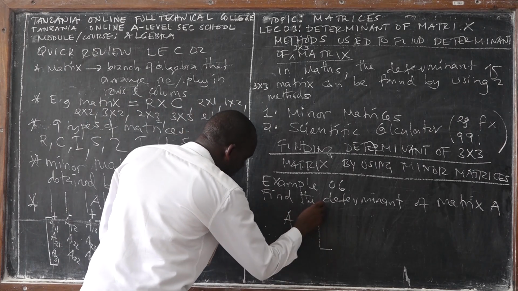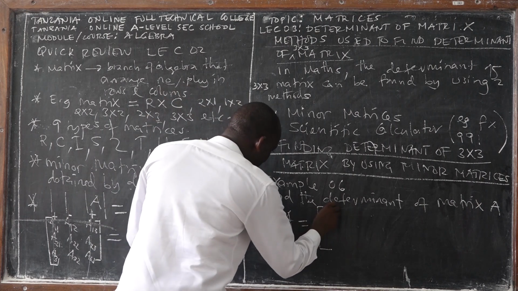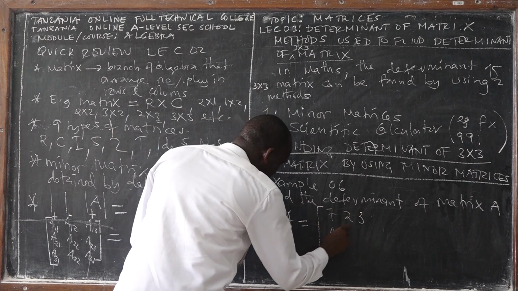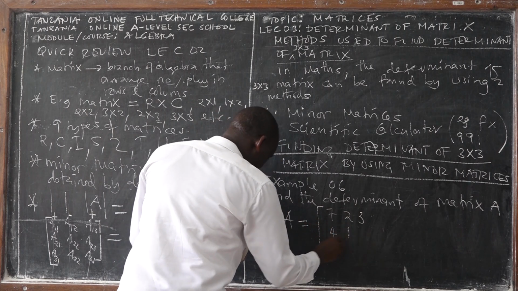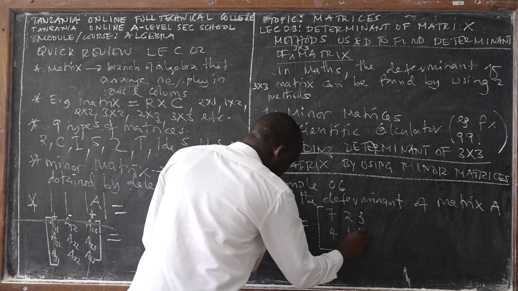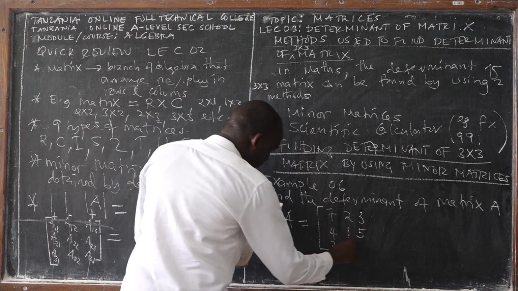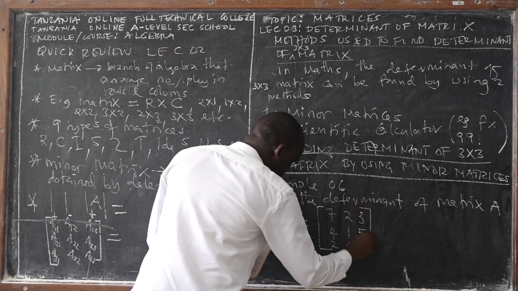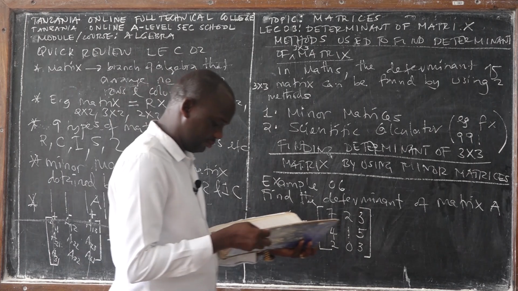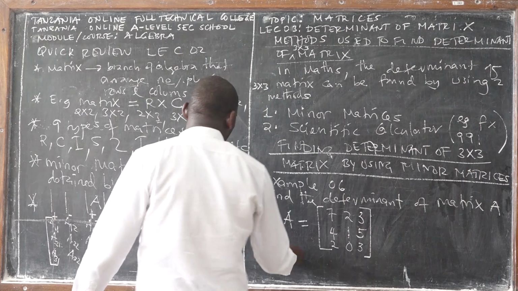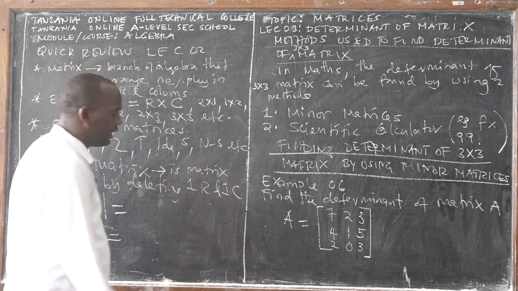Matrix A: 7, 2, 3, then 4, 1, 5, then 2, 0, 3. So we've been asked to find the determinant of matrix A, where we have been given a 3 by 3 matrix.